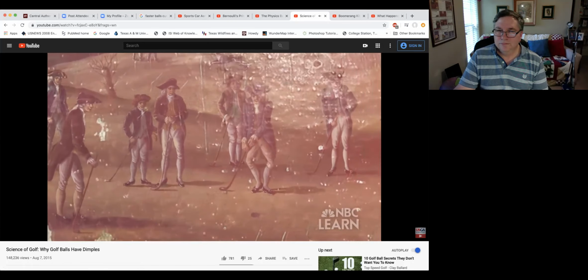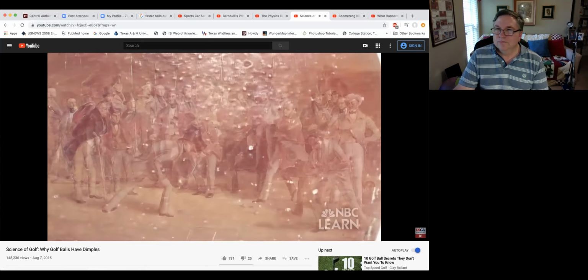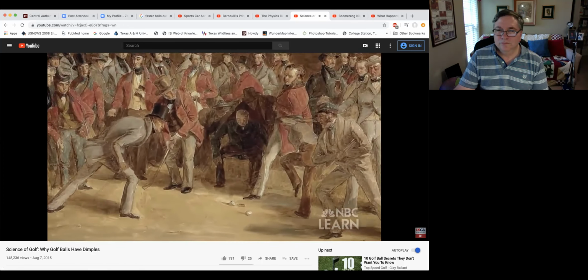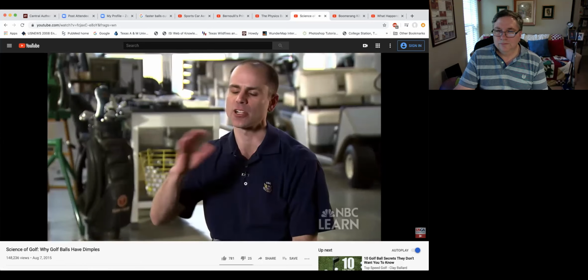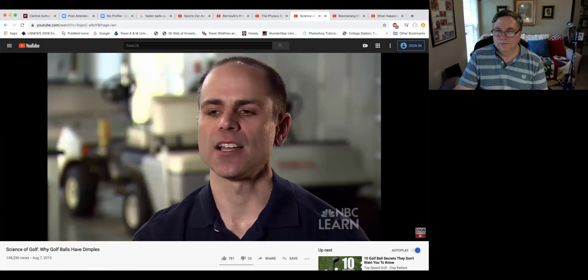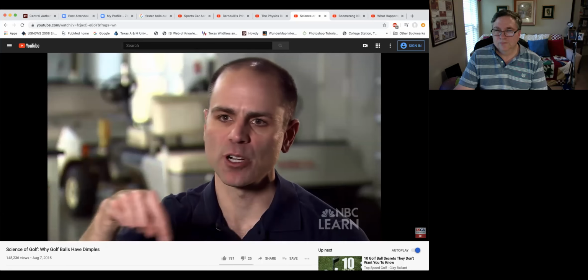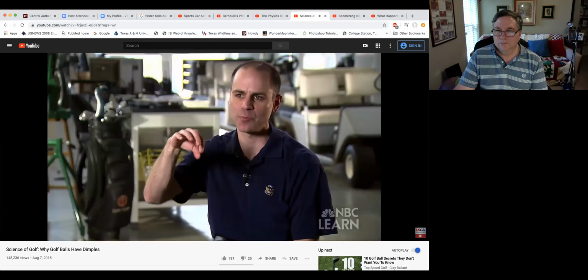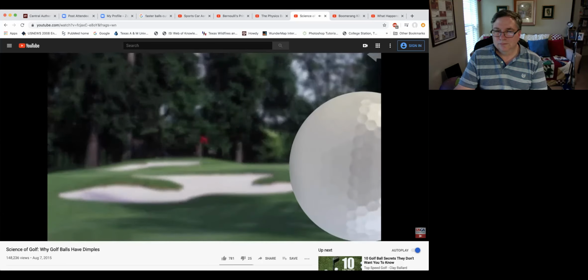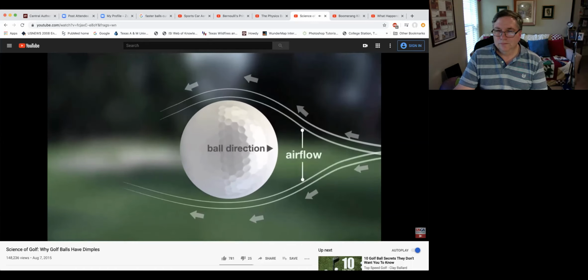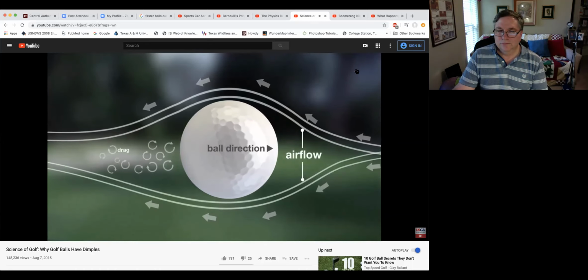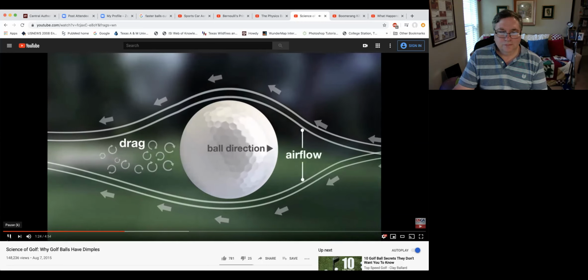Early golfers using smooth golf balls realized that the more they used a ball, the farther it would go. The reason, they quickly discovered, was that the surface gets scuffed and knocked about. They started figuring out, hey, we're going to put round impressions, round dimples in. As a golf ball flies through the air, the airflow interacts with the surface of the ball and can greatly affect the amount of drag.